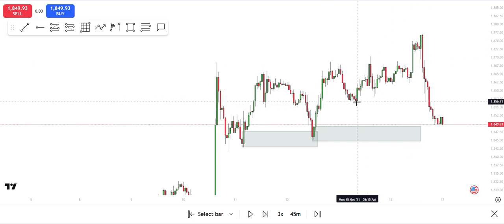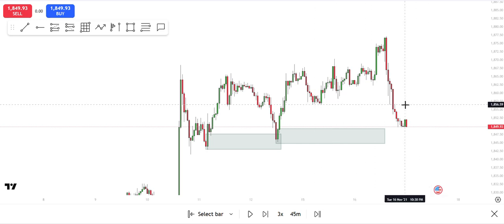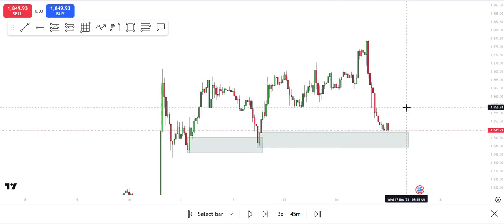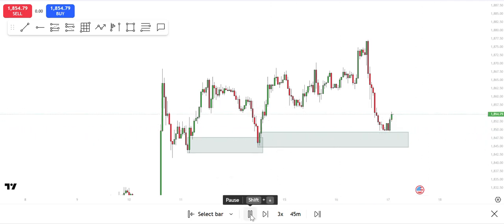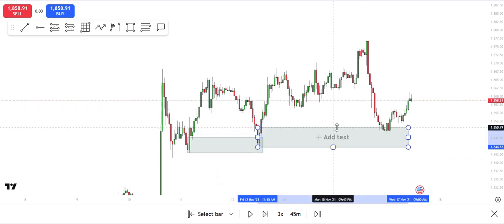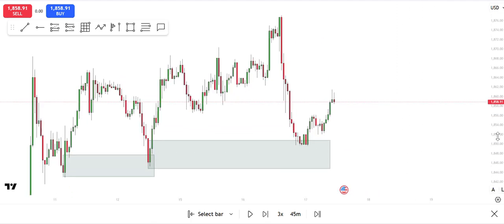So price had to come, take it out as liquidity, and then we can tap into this demand that is here. That's what price does. Price tapped into that demand, and so we're able to move from there.